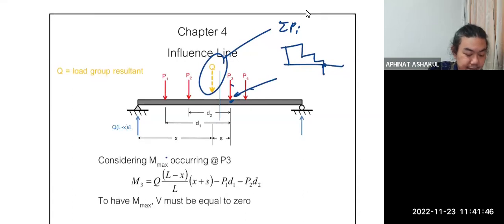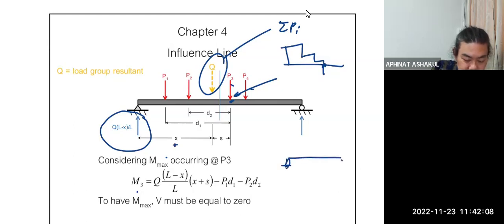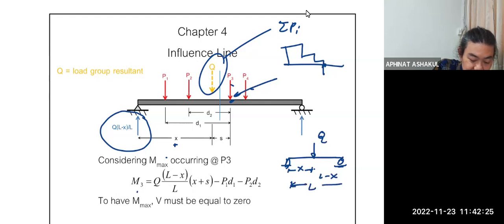Okay, M3 will be, but before that, let's write the equation for the reaction first. If the total load is Q and it is at the location X from the left, and now to help clarify this, we look at this load Q. If this is X, when you take the moment at this point, this becomes L minus X, if L now is the span length.